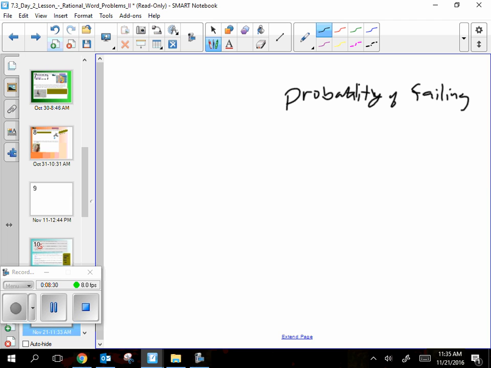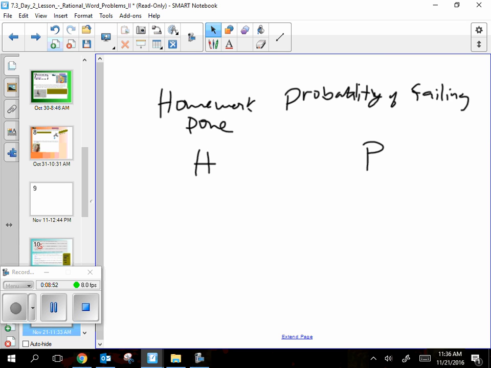So the probability of failing and homework done. We'll call it H. We'll call it P. Would you write me an equation that has H and P and K in it? K is the constant. We don't know exactly the ratio, but it's got to be true. The more homework problems you do to practice, the lower your probability of failing the test.